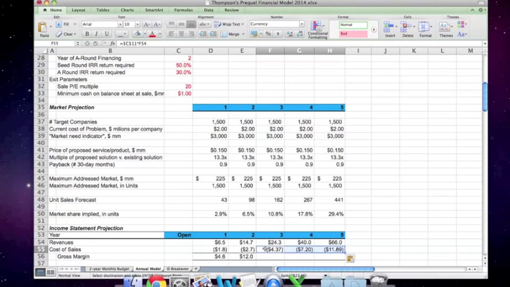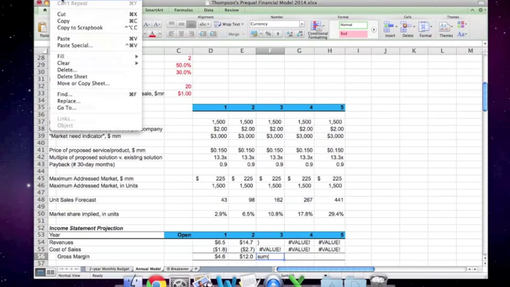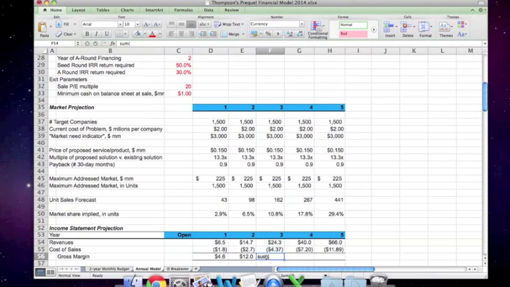And copy that forward, and I have cost of sales, and then I'm going to simply sum these two. Ooh, that wasn't right. Something went dreadfully wrong here. I'm going to undo typing that incorrectly. I didn't hit the equal sign. So it should be the sum of these two lines.